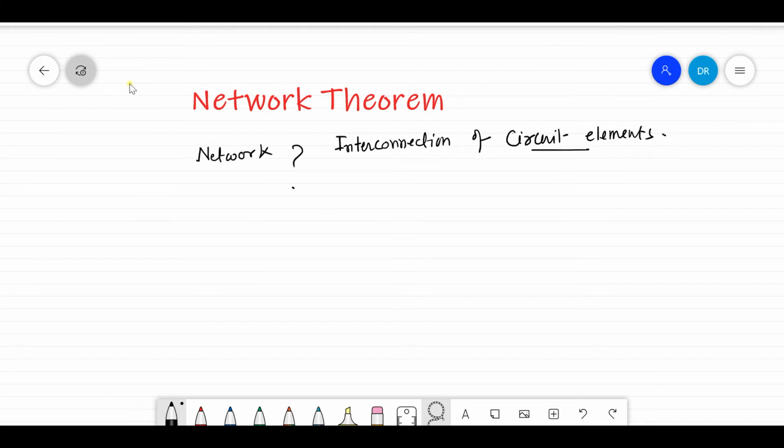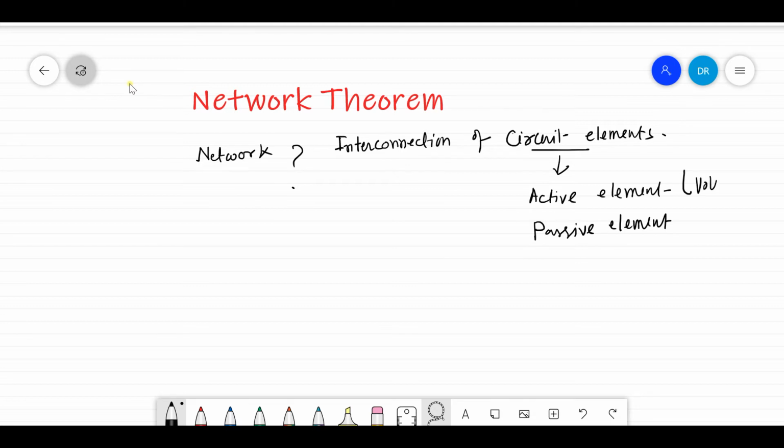What are circuit elements? They are active element and passive element. What are active elements? These supply energy to the network.